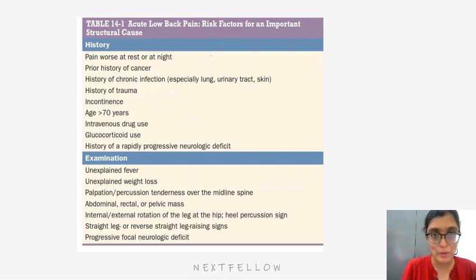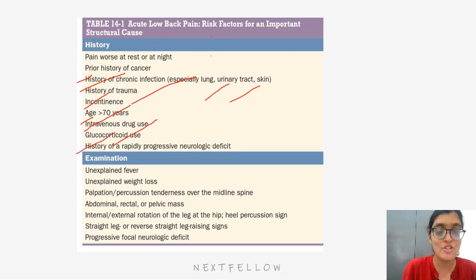When a patient comes with low back pain, what are the important risk factors for an underlying structural cause? By history: pain which worsens at night, prior history of cancer, history of chronic infection, especially lung, UTI or skin, any history of trauma, bowel or bladder incontinence, age more than 70 years, IV drug abuse, taking steroids, rapidly progressive neurological deficit.